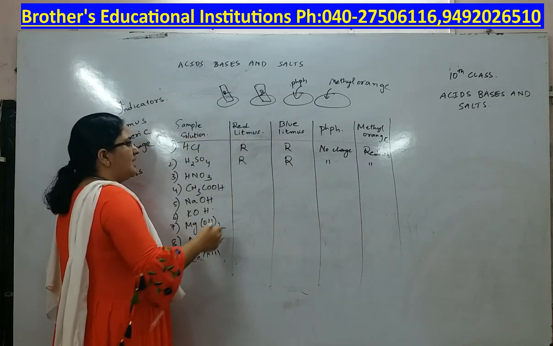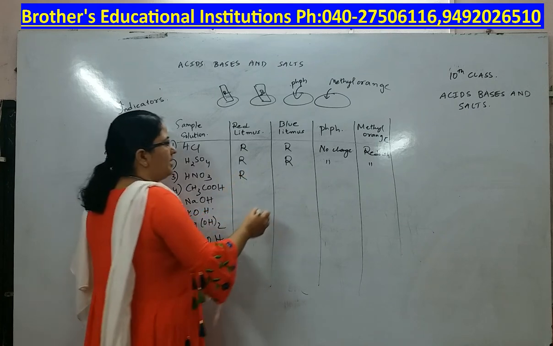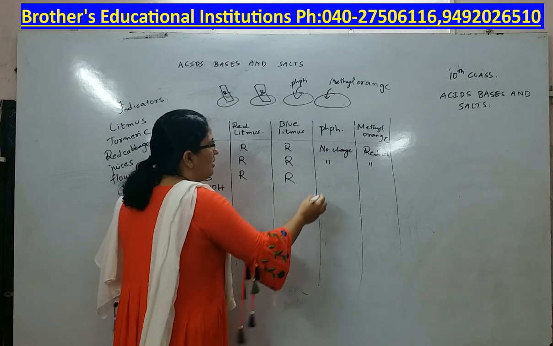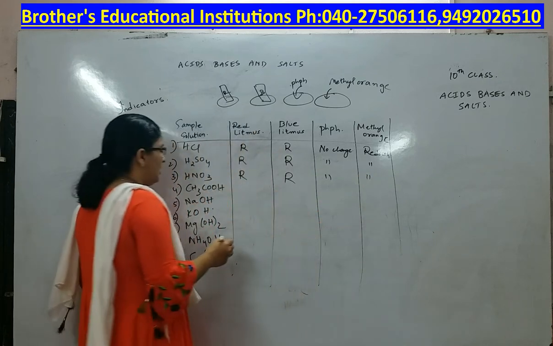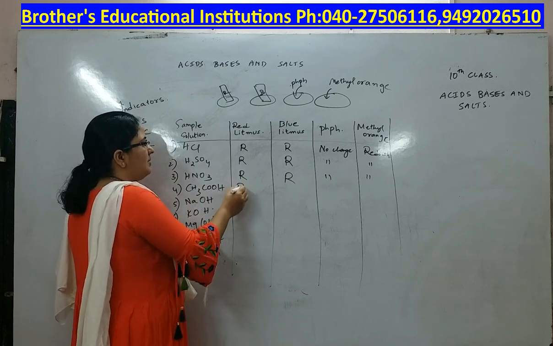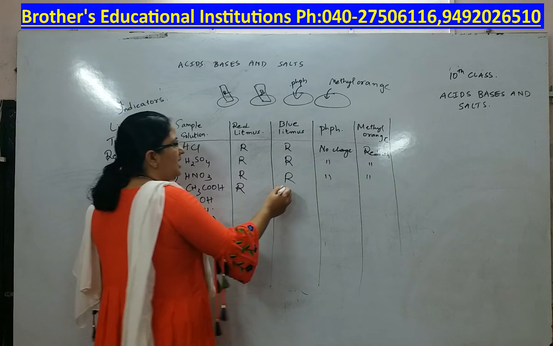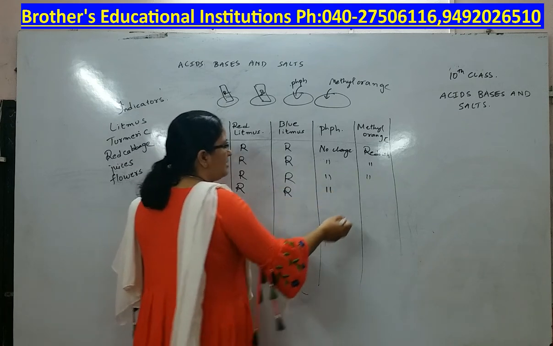HNO3 is nitric acid, red litmus paper remains red, blue litmus paper turns to red, no change in phenolphthalein, methyl orange turns reddish. CH3COOH is acetic acid, red litmus remains red, blue turns red, no change in phenolphthalein, methyl orange changes to reddish color.